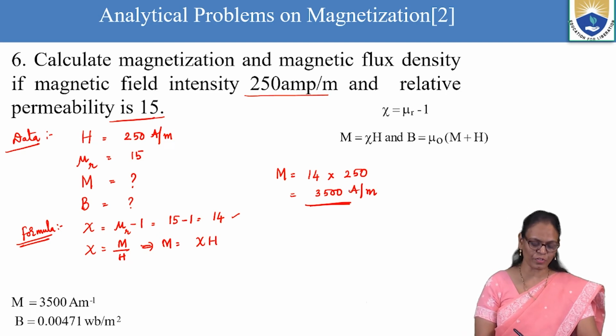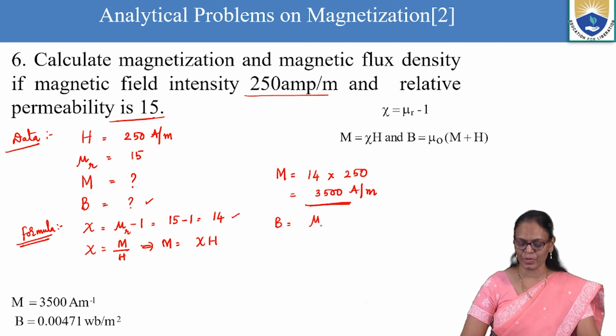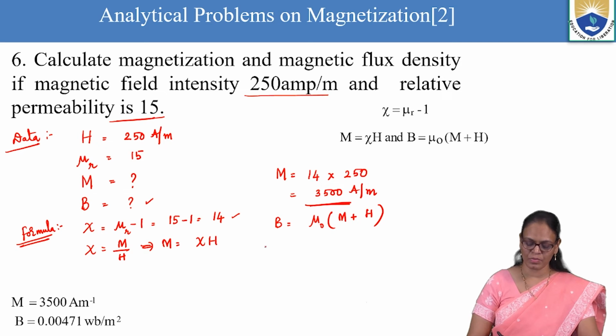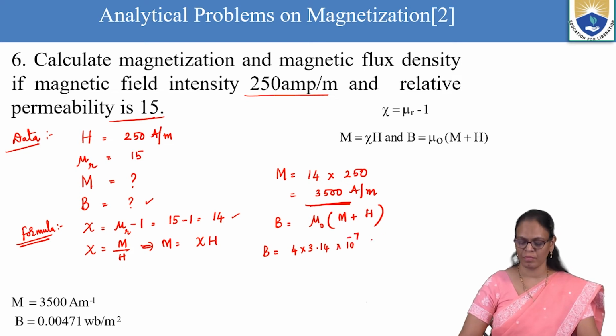The next thing we have to find is the magnetic induction. So what is the formula we have? B is equal to mu naught into M plus H. So B is equal to mu naught, which is 4 pi into 10 power minus 7, into M, which we got as 3500, plus H, which we have as 250.